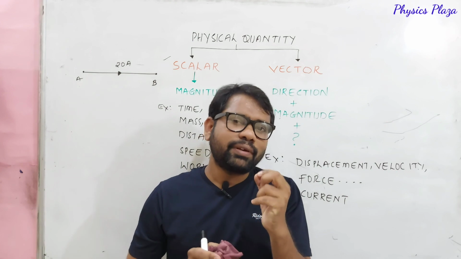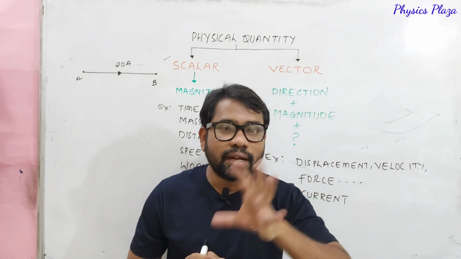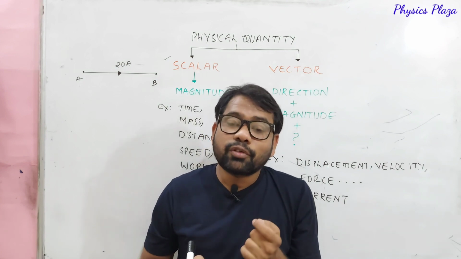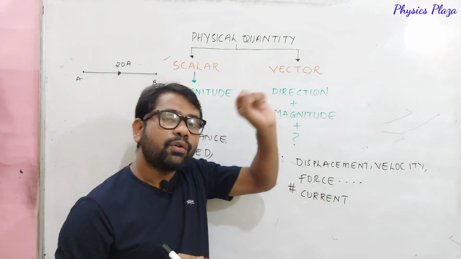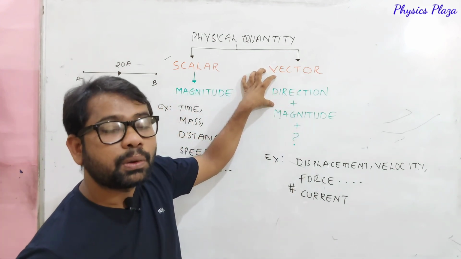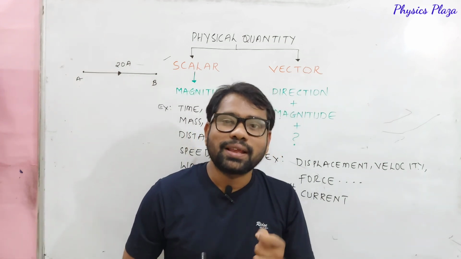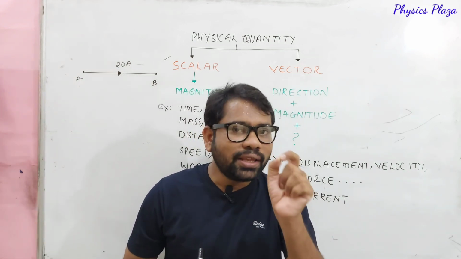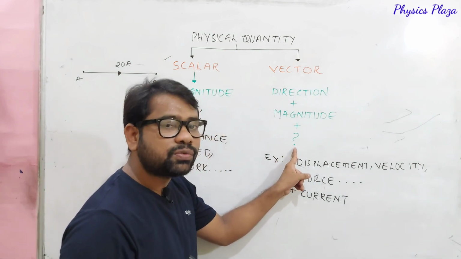But one very important thing: can we say that electric current comes under vector quantities only? Of course, from the definition of vector, we must take electric current as a vector only. But dear children, though electric current has magnitude and direction, it is not a vector quantity. That's why there will be a question mark here.